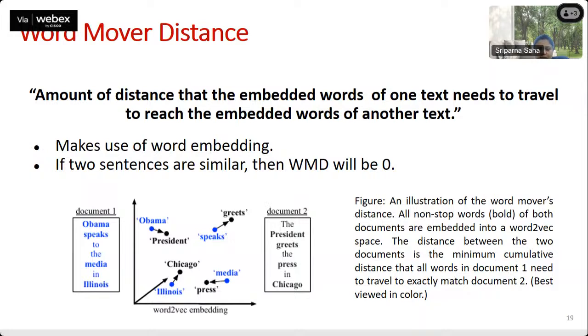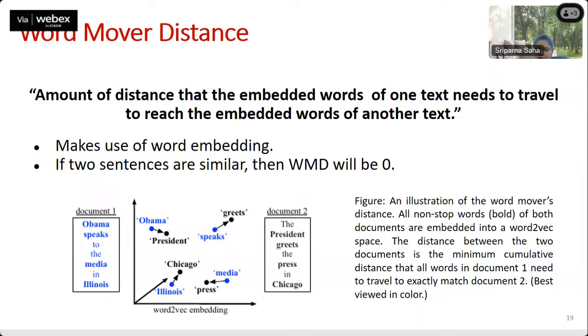Suppose there is a sentence, Obama speaks to the media in Illinois, and another sentence, the president greets the press in Chicago. We have to check the semantic similarity between the two sentences. First we have to do a mapping. Obama will be mapped to president, speaks will be mapped to greets, media will be mapped to press, and Illinois will be mapped to Chicago.